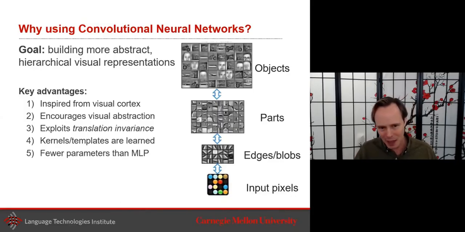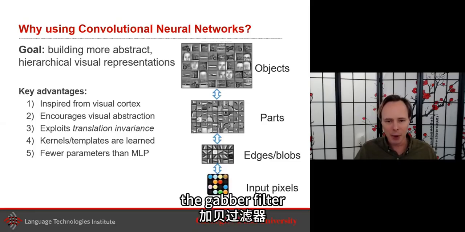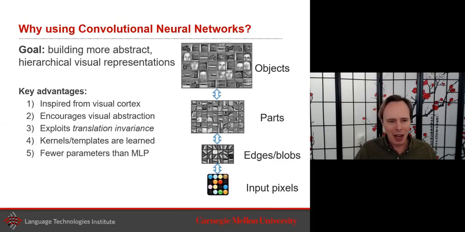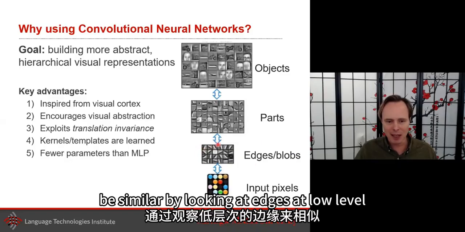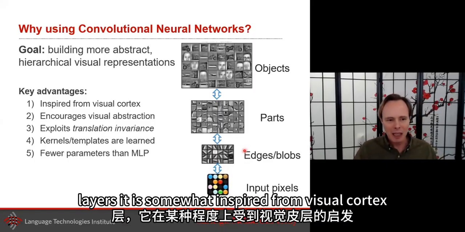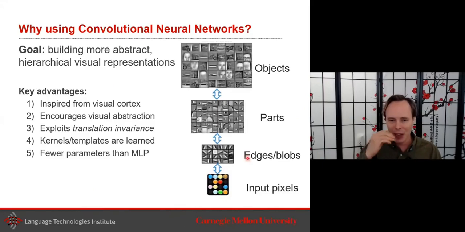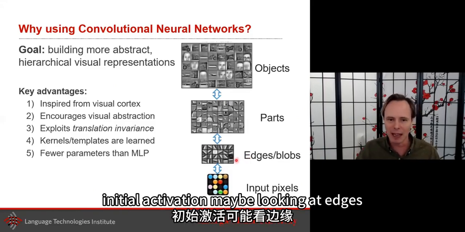One is similar to what I talked about with the Gabor filter. The Gabor filter is that by having low-level representations that are maybe similar, by looking at edges at low-level layers, it is somewhat inspired from visual cortex, because the cortex does have initial activation, maybe looking at edges.